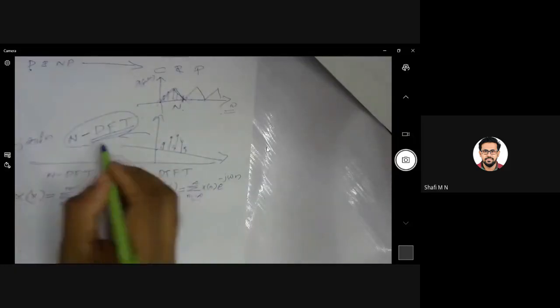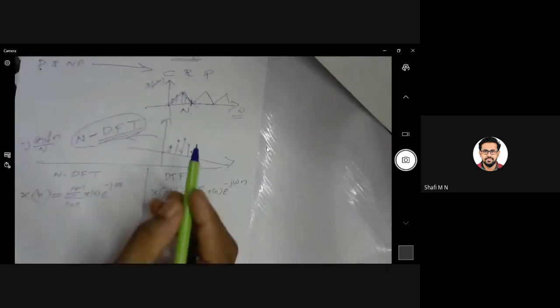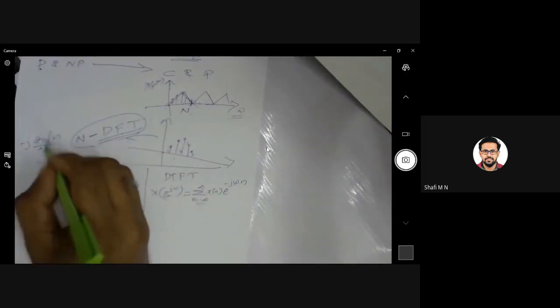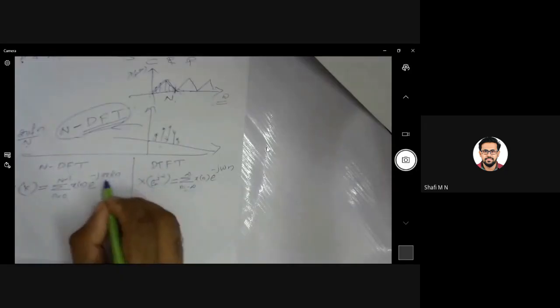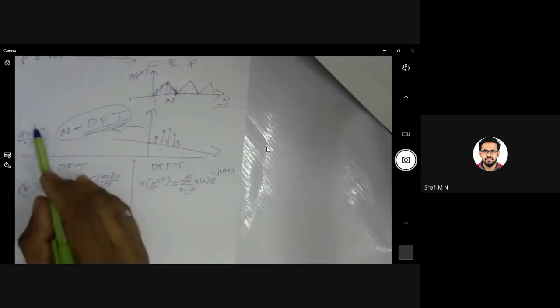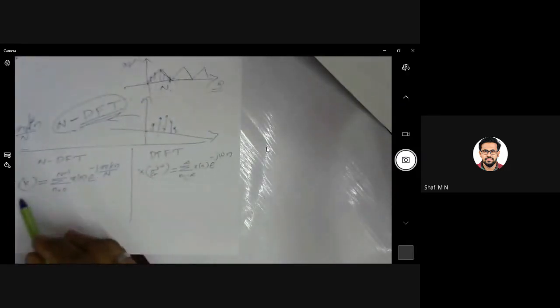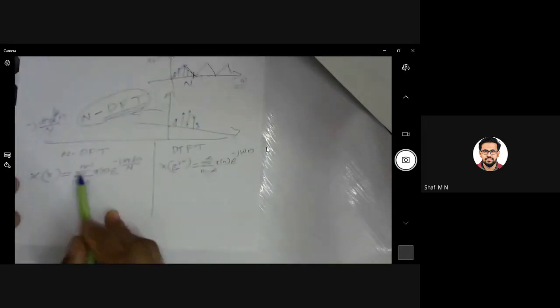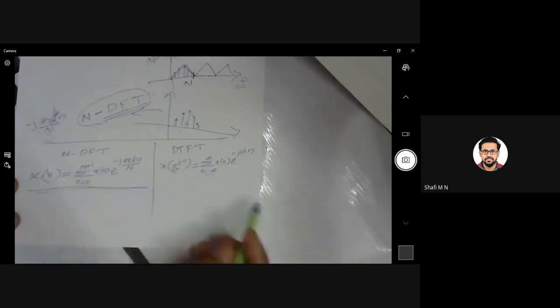Now you have to sample it by a period of N. This will be better represented, mathematically modeled, as e raised to minus j 2 pi kn by capital N. I am not having any more f axis; it's discretized, so it is the k axis. So the equation, which you have to learn by heart, is X of k equal to the sum from n equal to 0 to N minus 1 of x of n e raised to minus j 2 pi kn by capital N. This is the equation to find an N-point DFT. Is that clear?